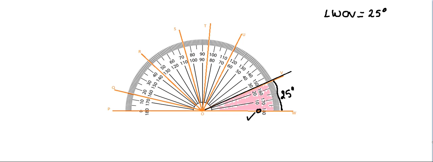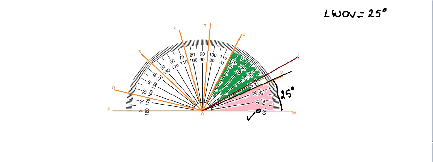Similarly, when we have to measure the angle given, that is VOU, we have to again focus on the starting point. The starting point of this angle is OV. Okay, we will start the rotation of this.